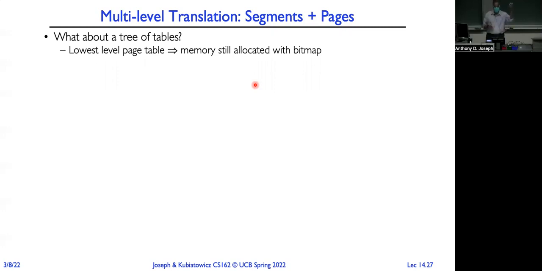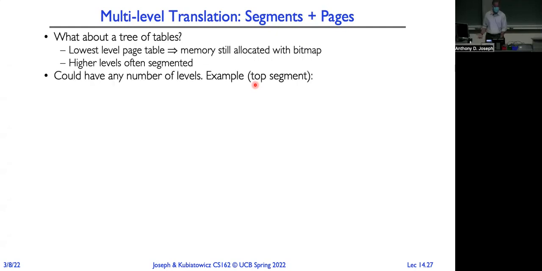If we put page tables at the top and segments at the bottom, we'd have to worry about moving these segments around in physical memory, finding large enough contiguous chunks of memory to allocate those segments. So it's much better to use page tables at the lowest level. Then we just use our bitmap. Higher levels could be segments. We could have any number of levels, but we'll make our top level in this case be a segment.